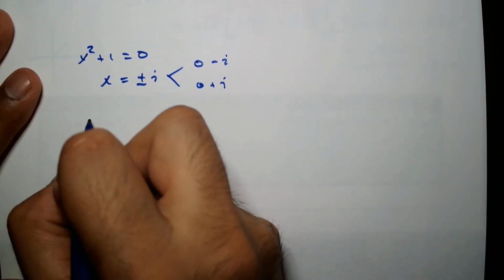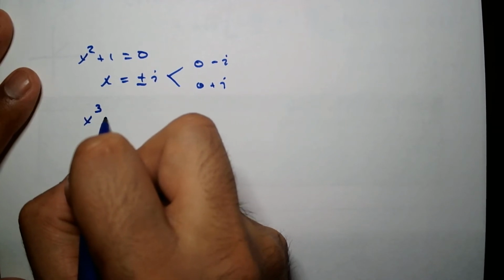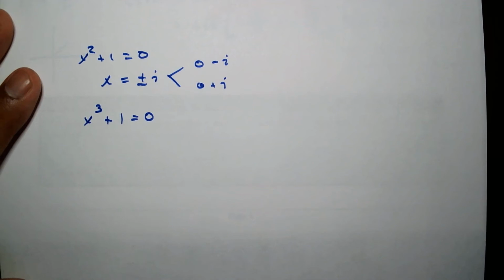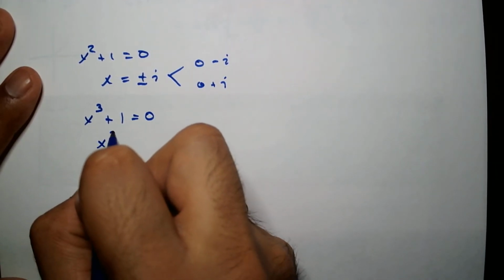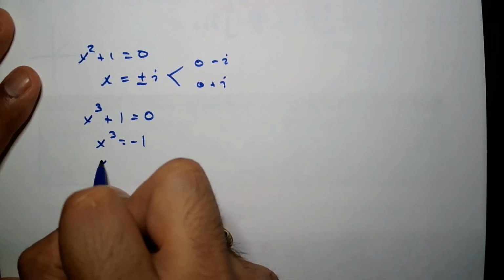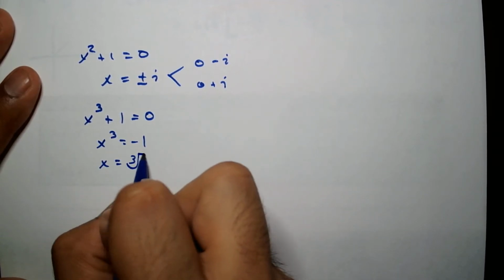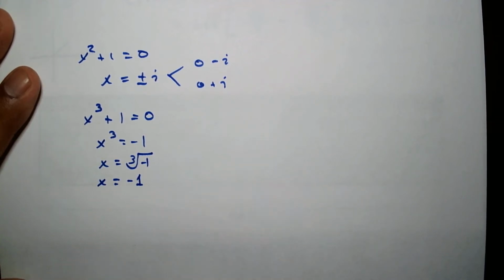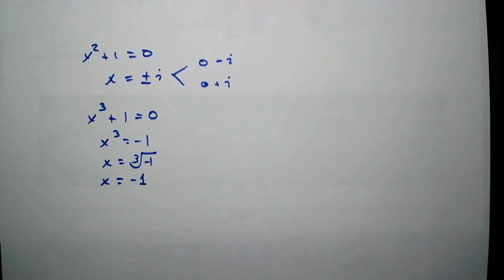Now, what if you want to solve the equation x cubed plus 1 equals 0? Well, the most typical way was to go x cubed equals negative 1, and x equals the cube root of negative 1, which is negative 1. But in this case, we're obtaining only one solution.